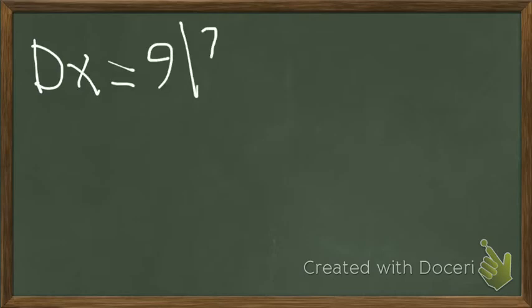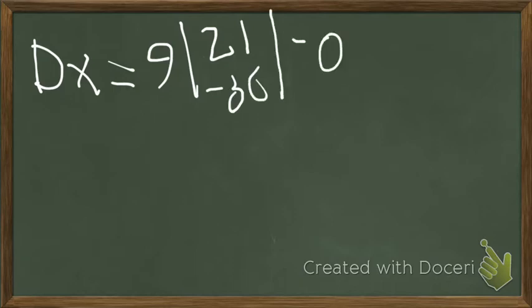I'm going to solve now for dx, and you start with dx equals 9 times 2, 1, negative 3, 0, minus 0 times, and you would put in values right here. Since it's 0, you know that it's not going to be anything because 0 times something is nothing, so I'll just put an x there.